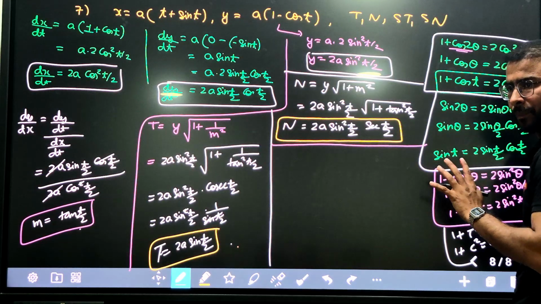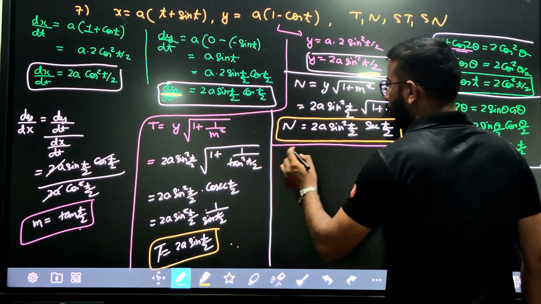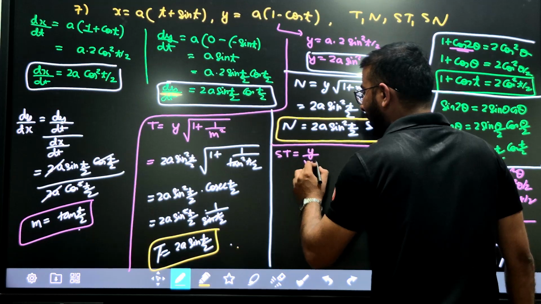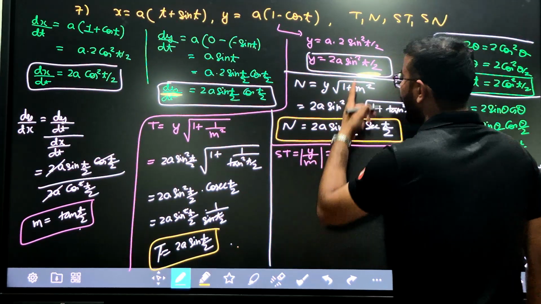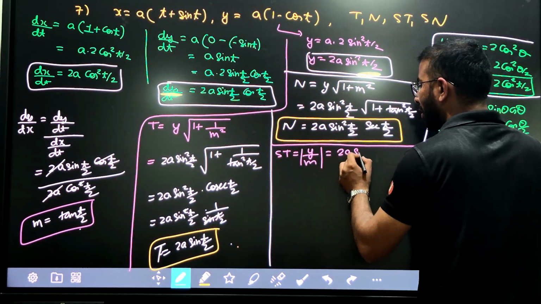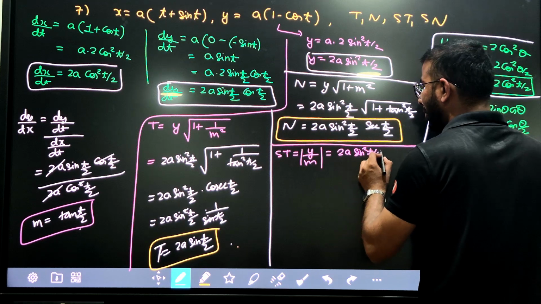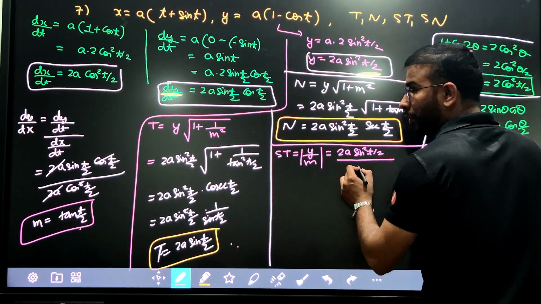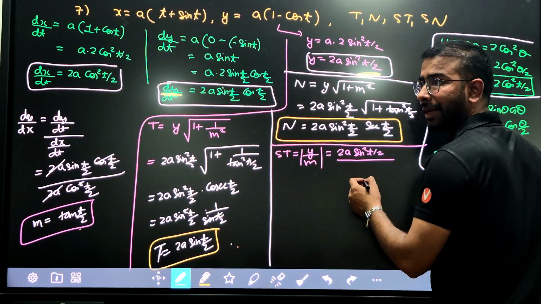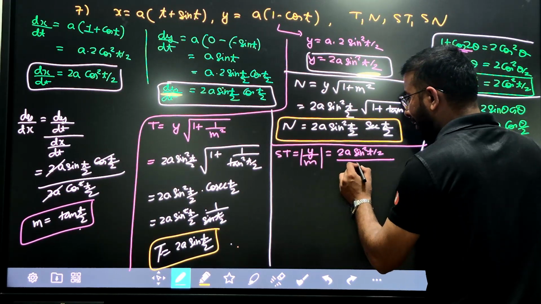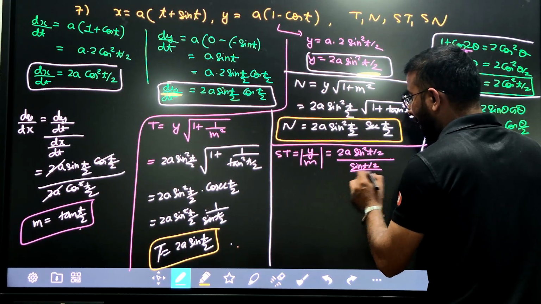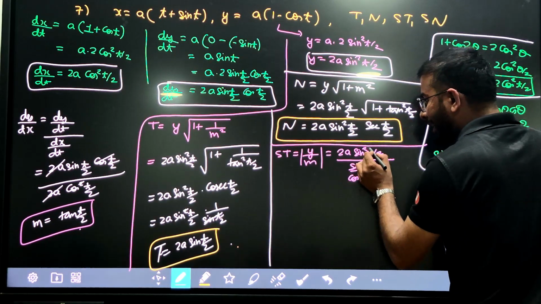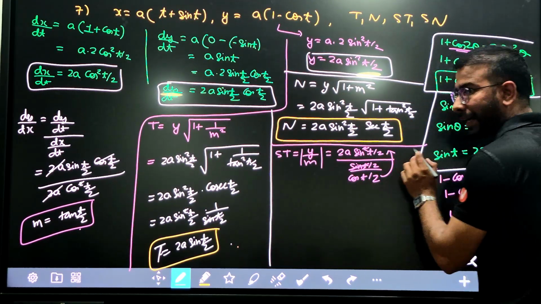Let's take the last 2 and we'll end the class. Next is subtangent. What is the formula of subtangent? y by m. What is the value of y, guys? 2a sin square t by 2 divided by m. What is m? Tan t by 2. What is tan theta? Sine theta by cos theta. So this can be written as sin t by 2 by cos t by 2. What will get cancelled? One sine will get cancelled, and cos is multiplied here.